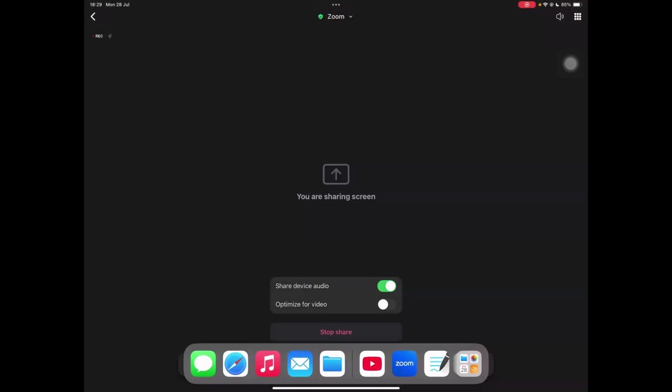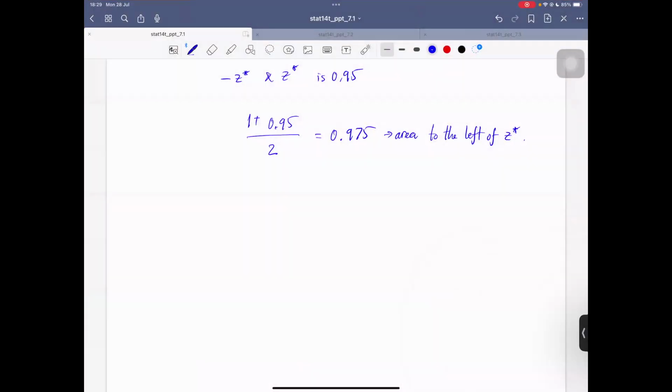So we have z star equals 1.96 based on the table. If you use a calculator like the TI-84 calculator, you can use invNorm, and then 0.975. It gives us the result for z star.